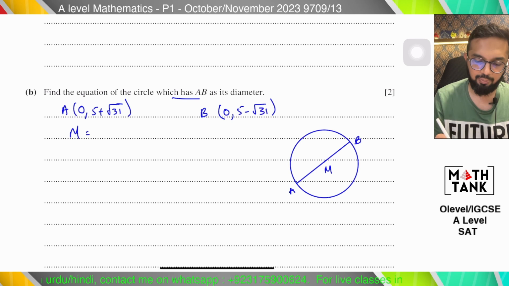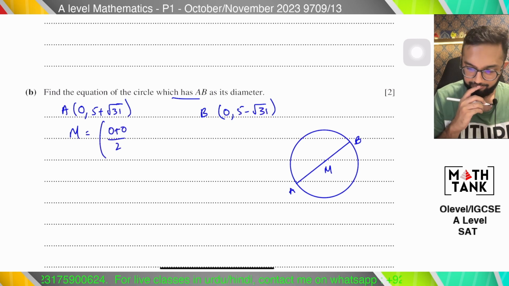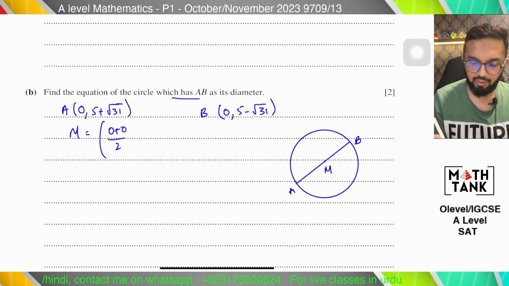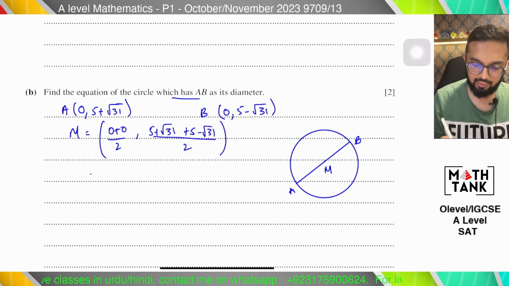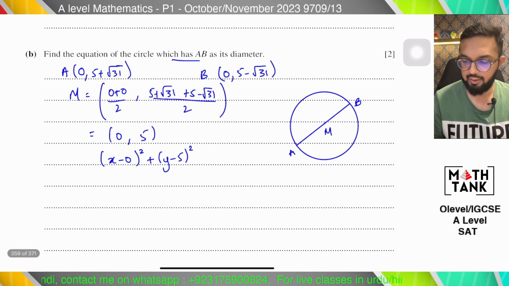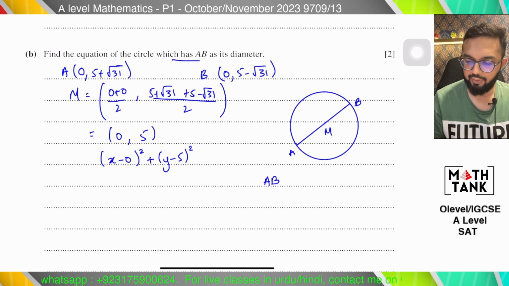So the midpoint is going to be 0 plus 0 divided by 2, and 5 plus root 31 plus 5 minus root 31 divided by 2. So that gives me 0 comma 5. So I'm going to say that this is x minus 0 whole squared plus y minus 5 whole squared. I still need the radius, so I'm going to calculate the distance of AB and then divide by 2.